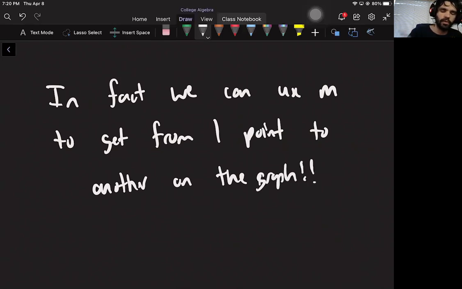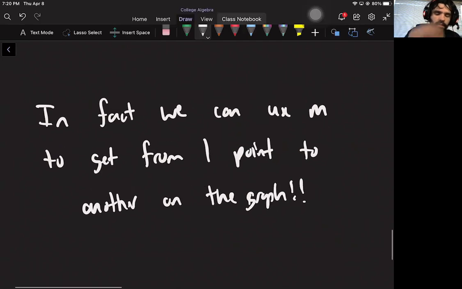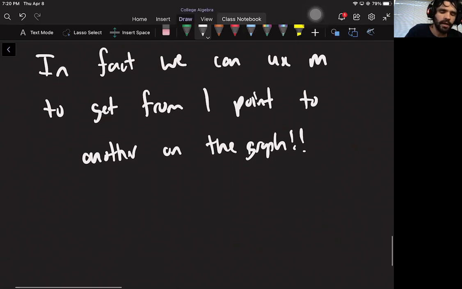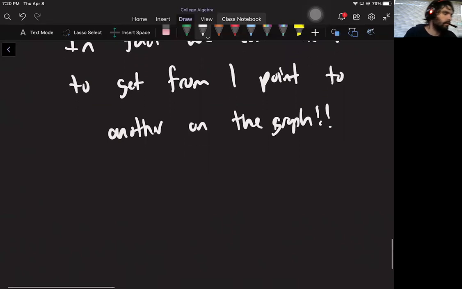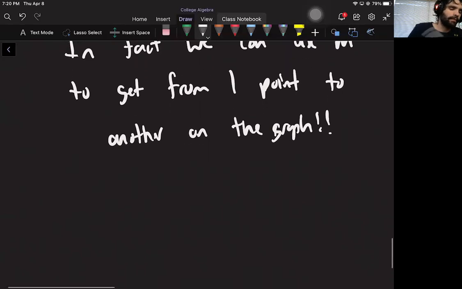Another very special property of linear functions. The idea being that m is a consistent number. It's always the same number. It's always 2 or always 3 for whichever line you're dealing with. And it's the change in y over the change in x. So if I just change that amount, I can get to another point. That's going to be the idea here.